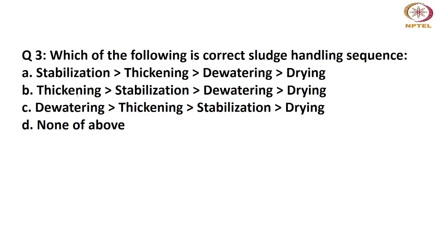And then we will move to this one. Which of the following is the correct sludge handling sequence? Is it sludge stabilization, then thickening, then dewatering, then drying, or thickening first, then stabilization, then dewatering?